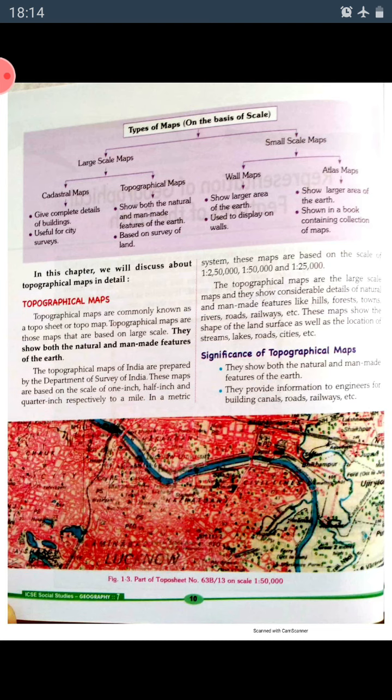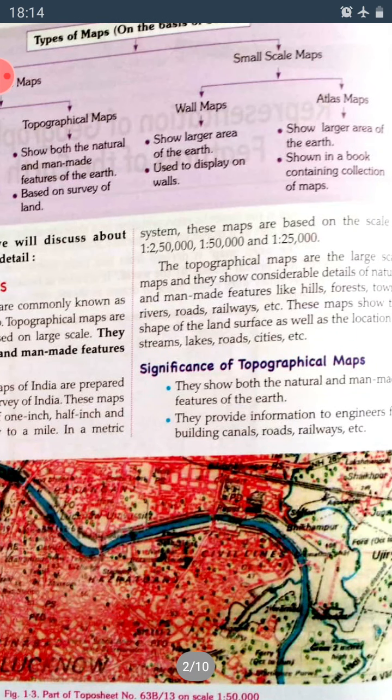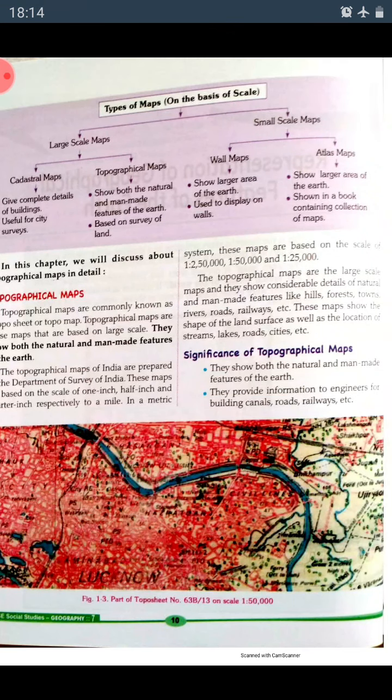Then the significance of a topographical map: it contains a lot of specified information and names of hills, villages, towns, ponds, rivers, forests, and also the symbols representing official buildings such as post offices, inspection bungalows, rest houses, mines, etc. So these symbols are shown in this first lesson also.